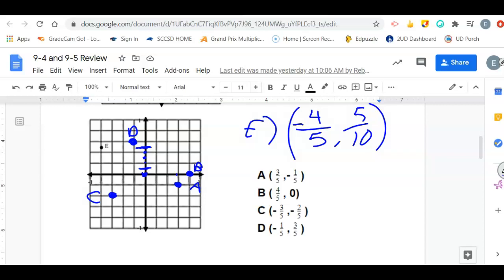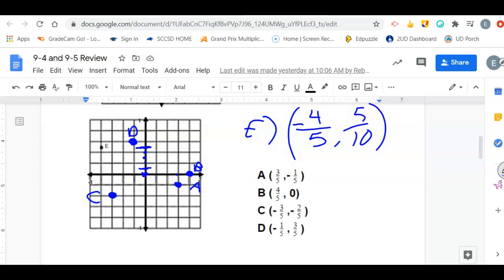Jack. It doesn't move all the way halfway. I think it's negative 4/5 and 4/10. 4/10? Oh, yeah. 4/10 would be 2/5. 5/10. It's in between these two numbers.